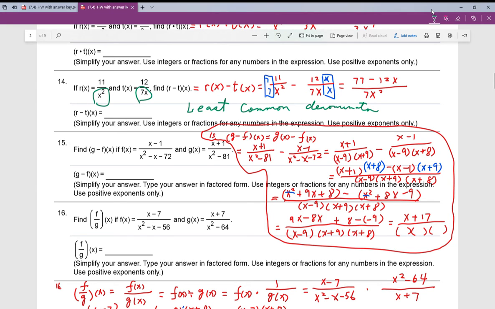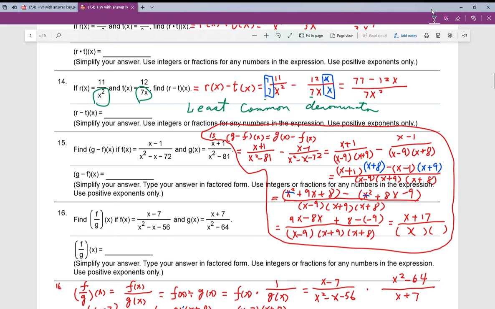Least common denominator. How do you find the least common denominator? In this case, you multiply by 7 to have both 7, and you multiply by x to have both x squared. So you have 7x squared.